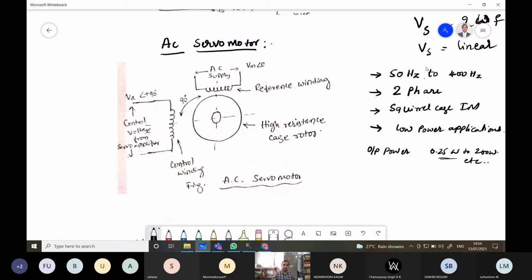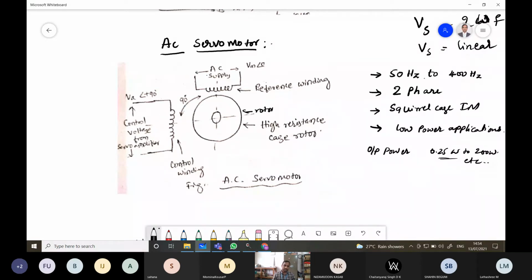So construction of AC servo motor. AC servo motor basically consists of a stator and rotor. This is the rotor part, and the stator carries two different windings.